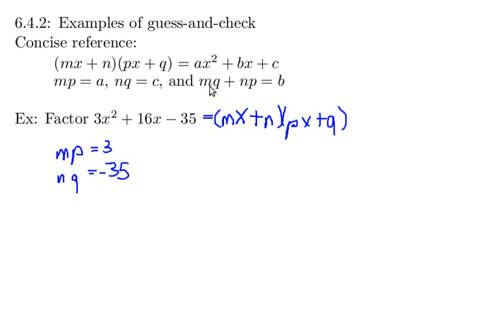And mq plus np will equal b, which will equal 16.